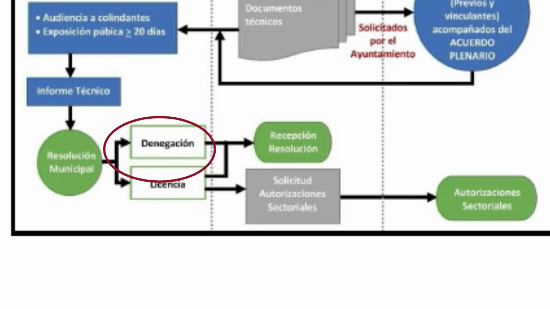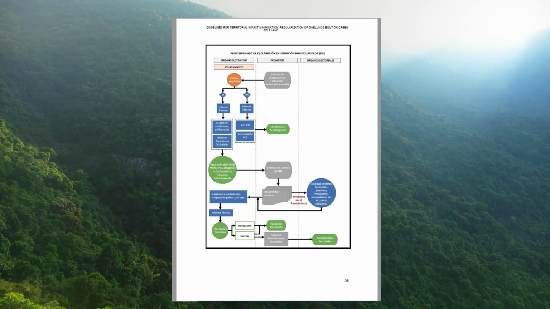So the councillors take the decision, it either gets accepted and you get a license, or you get rejected, denegación, and you get told about that decision. Okay, so now you've got your license and you make any request you need to make from those sectorial bodies, and that's the workflow procedure.